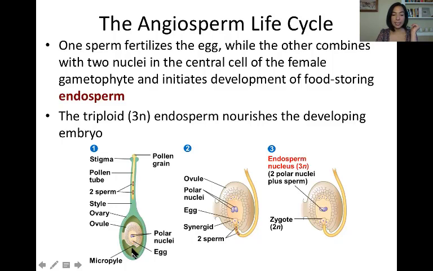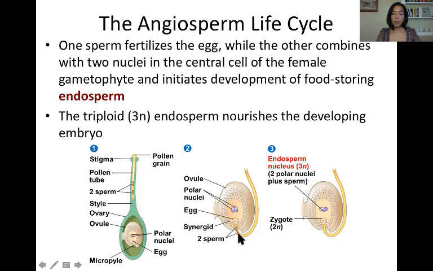It has the integuments, and it has this micropyle, which is a space between the tips of the integuments, and this is the area by which the pollen tube is going to deposit these spermatic cells. You see how the pollen tube grows and reaches the ovule. It's going to deposit one of these spermatic cells, and it's going to fertilize the egg.